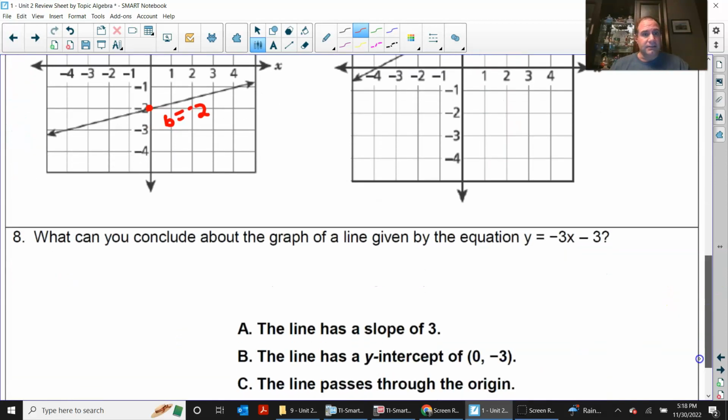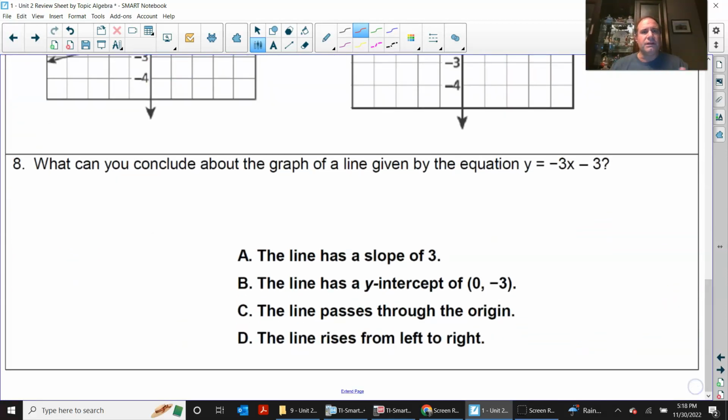That's it. Number 8. What can you conclude about the graph of a line that is given by this equation? The line has a slope of 3. No, it does not. The line has a slope of negative 3, so that's out. The line has a y-intercept of 0, negative 3. Yeah, it does. Actually, b equals negative 3.